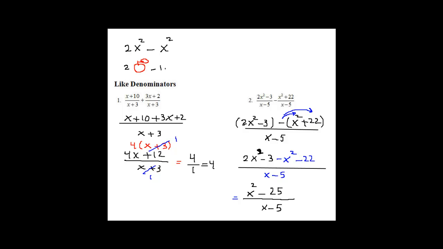So if I ask you if you have 2 apples minus 1 apple, you certainly can give me the correct answer. Then you say 2 minus 1 would be equal to 1, and the item doesn't change. The item stays the same, in this case being apple. Whereas here, instead of apple, we have x to the power of 2. So if you have 2x to the power of 2 minus 1x to the power of 2, that'll give you 1x to the power of 2, of course.